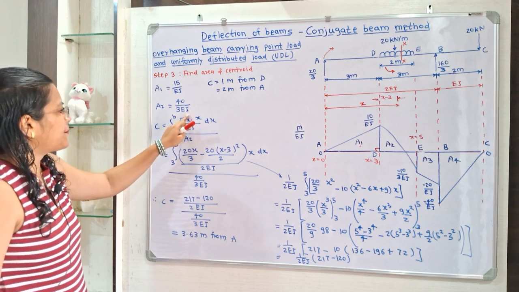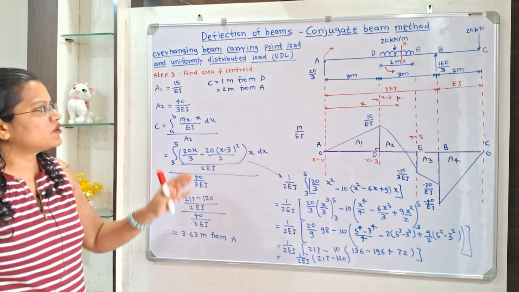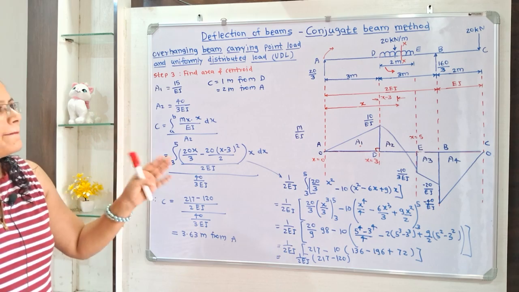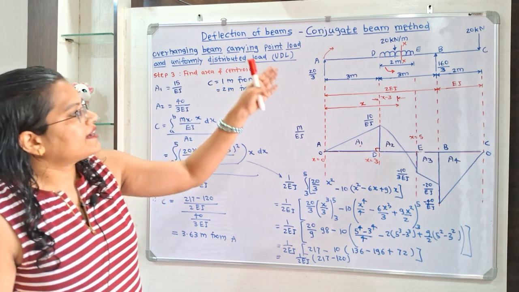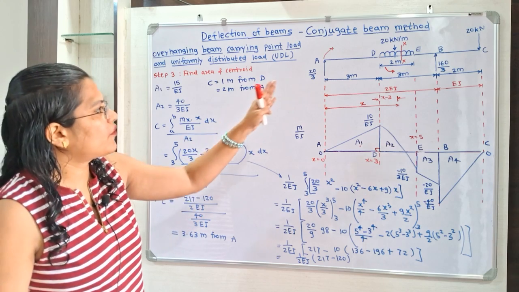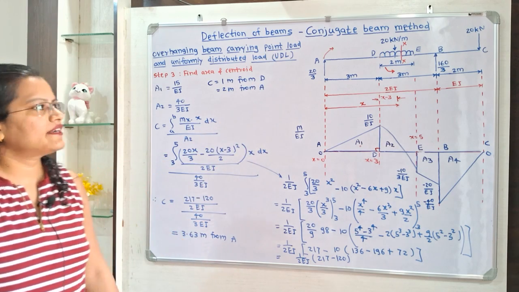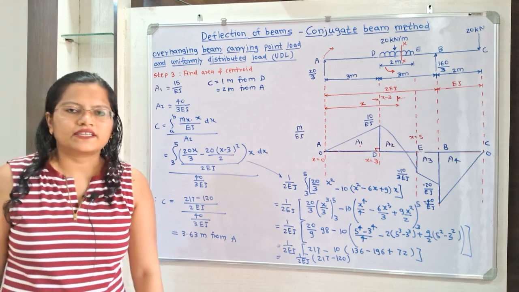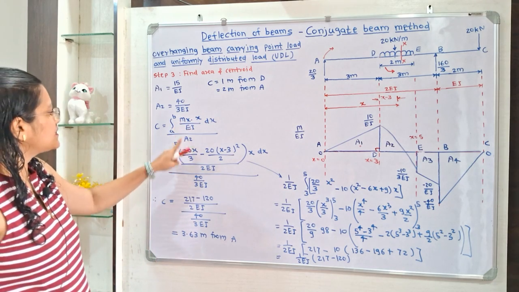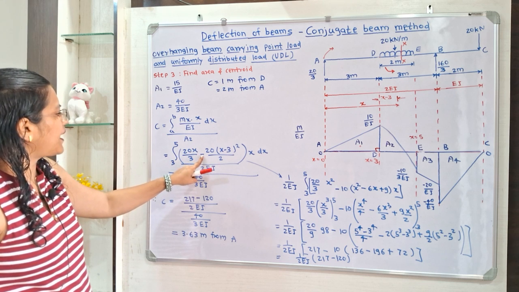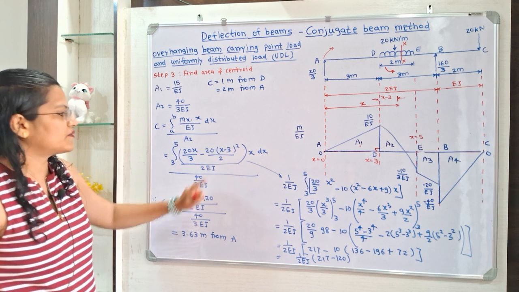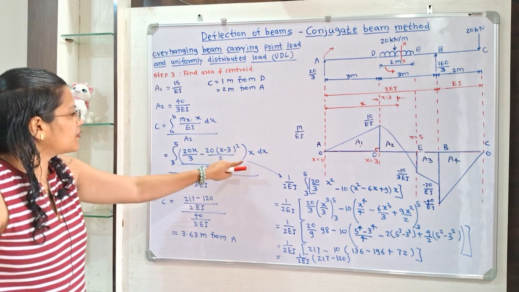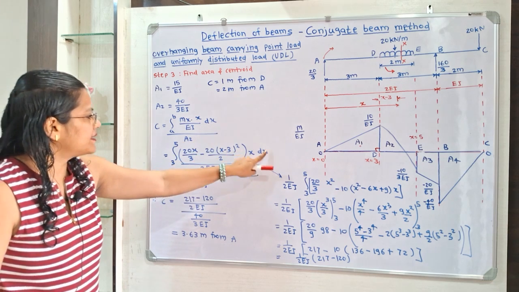Now we know the Mx that we have already calculated, that is the bending moment at any section xx. For this we have selected in between this area DE. So we have Mx value 20x by 3 minus 20 x minus 3 square by 2 and bracket complete, x multiplied by dx.